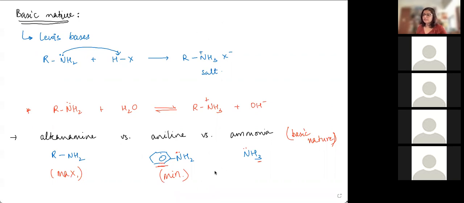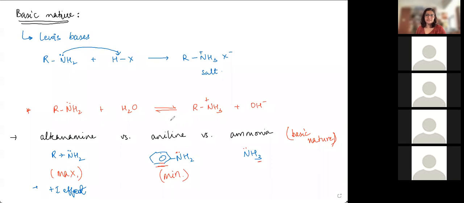Okay, if you had to phrase it for a give-reason kind of question: alkylamine has maximum basicity because of the plus I effect. So it increases the negative charge. This is also electron donating, plus you have a lot of negative charge because of the lone pair. So it attracts the H plus easily enough.